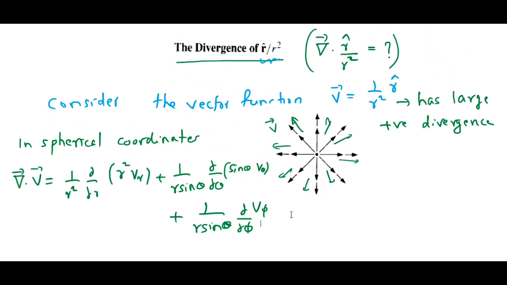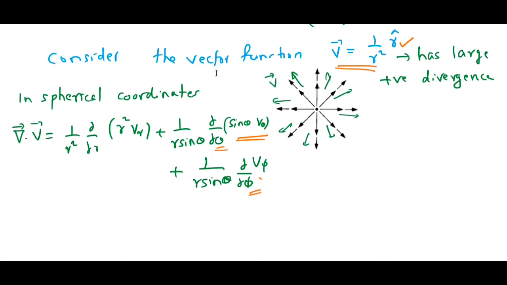If we compare with our vector function, it has only the radial component. It does not have a theta component or a phi component. Therefore, these two terms will be 0 in the present case. Therefore, I can write del dot v is equal to 1 by r square dou by dou r of r square, and vr is nothing but 1 by r square.